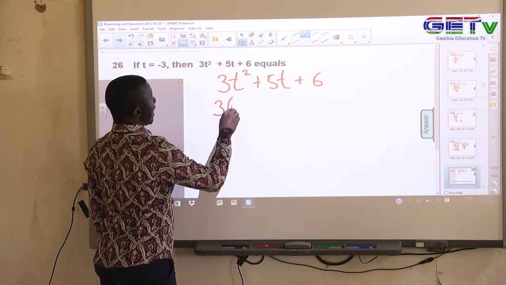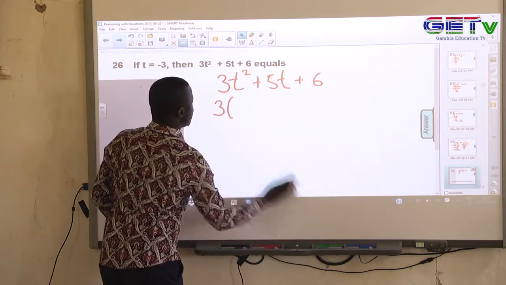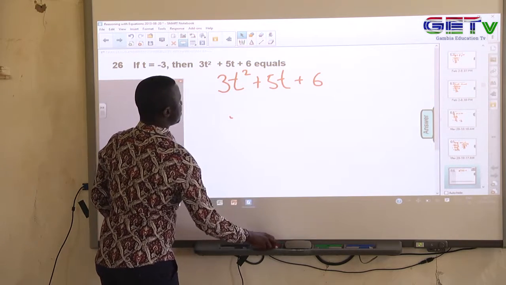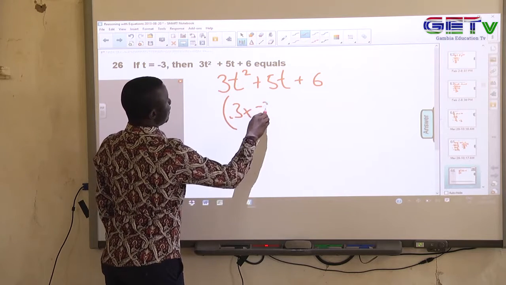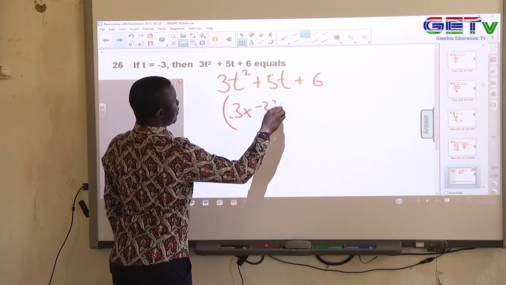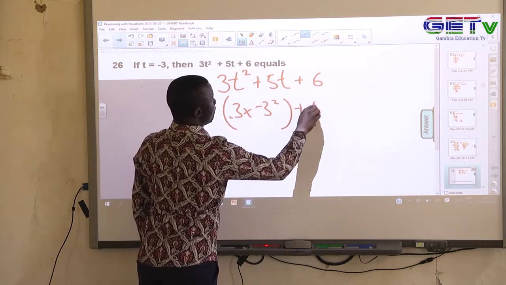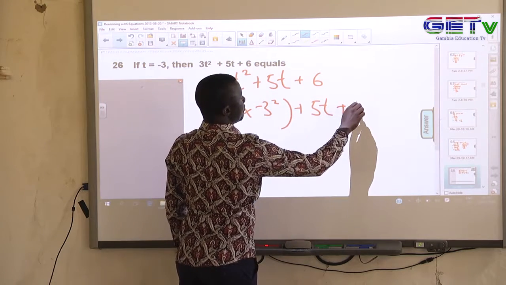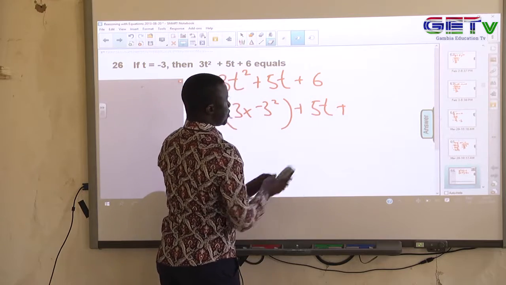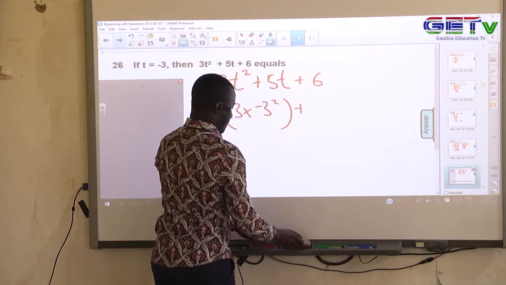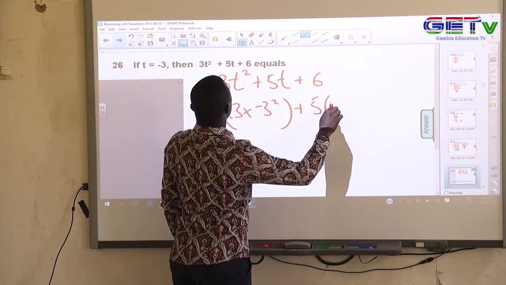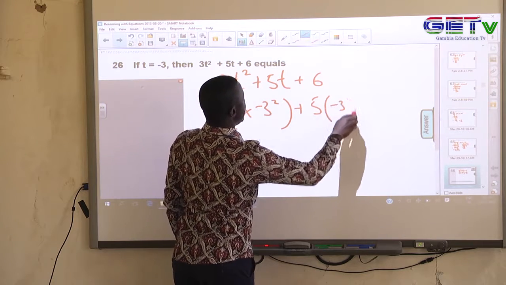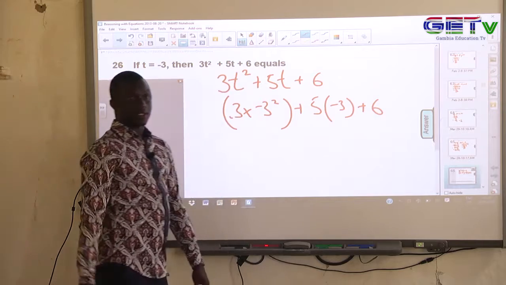So we say 3 times, let's put this in a bracket, negative 3 squared, plus 5t, obviously you substitute the value of t in the 5, 5 into negative 3, minus 6.